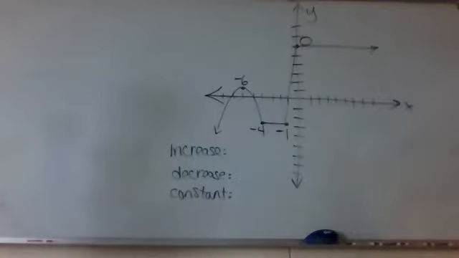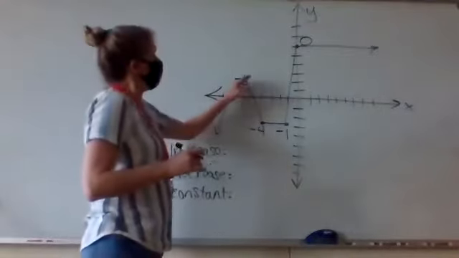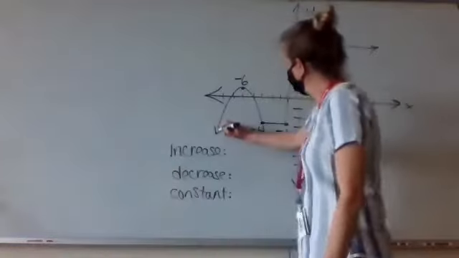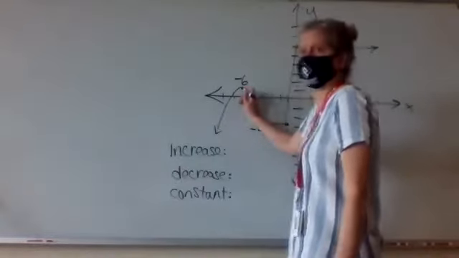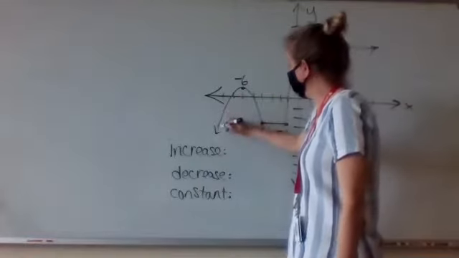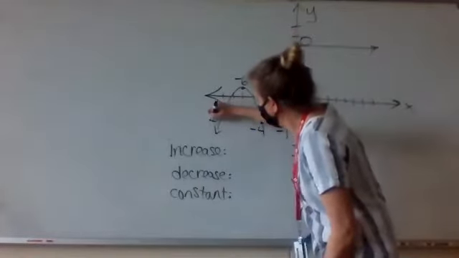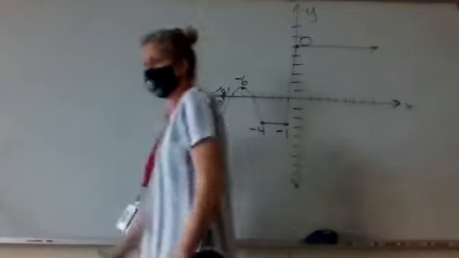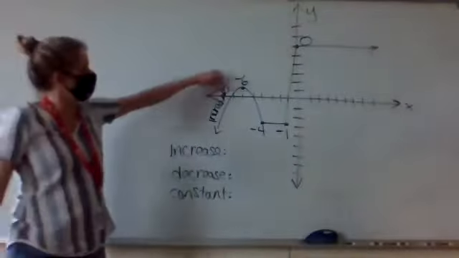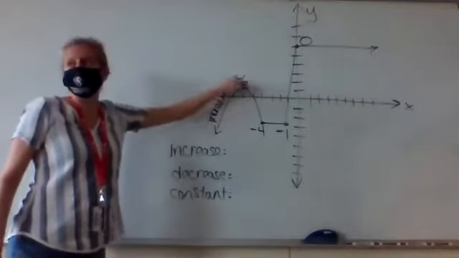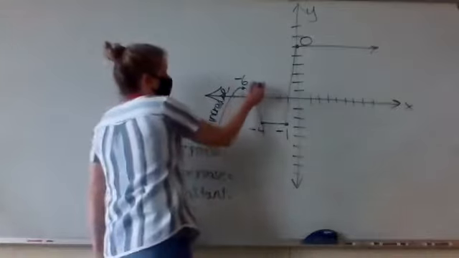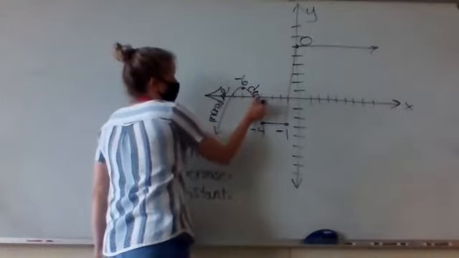Now, the second thing I'm going to do is what's happening in each interval. Are my values going up? They're going up here until they get to this point. So I'm going to label this side right here an increase. Once it gets to this point, what happens? Starts going down, which means it's decreasing. So this side is going to be a decrease.